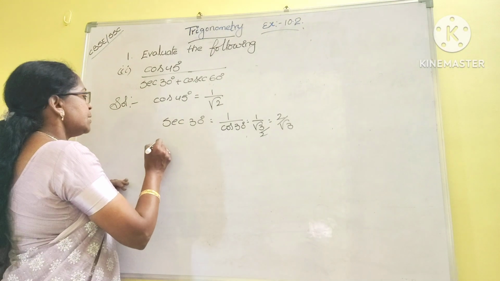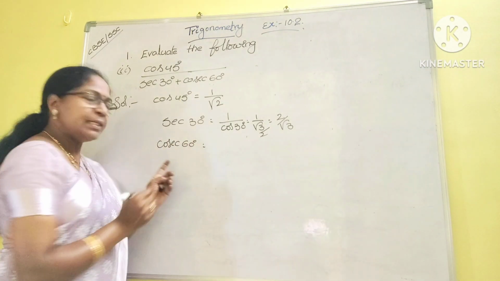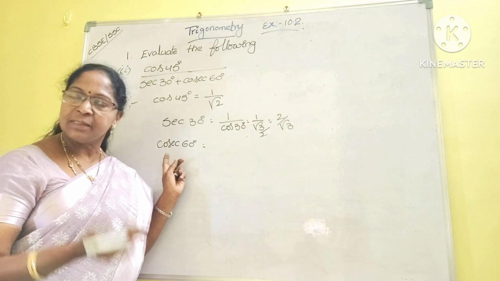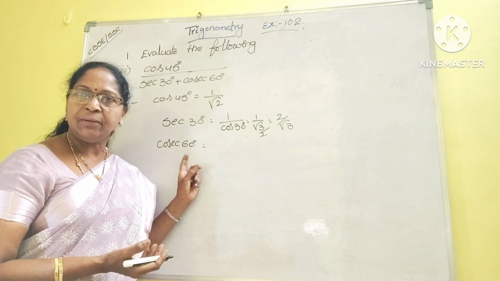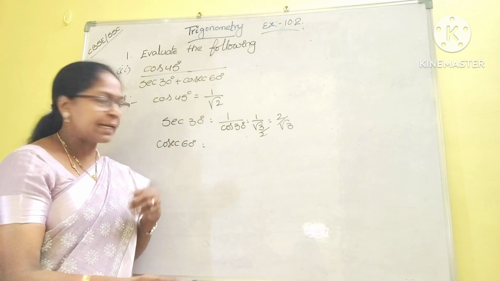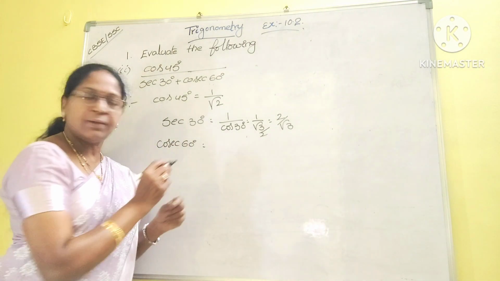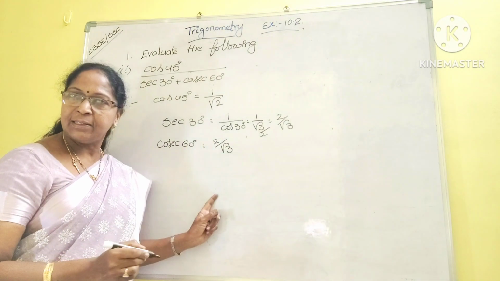Like that. Cosecant 60. Cosecant is the reciprocal of sine. That means sin 60. What is the sin 60 value? Root 3 by 2. But cosecant is the reciprocal of sine. So the cosecant 60 value is 2 by root 3. Like that you can write the values.